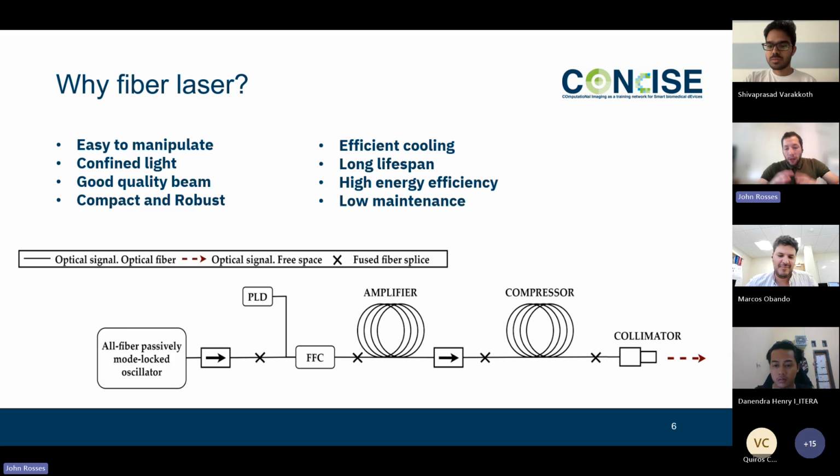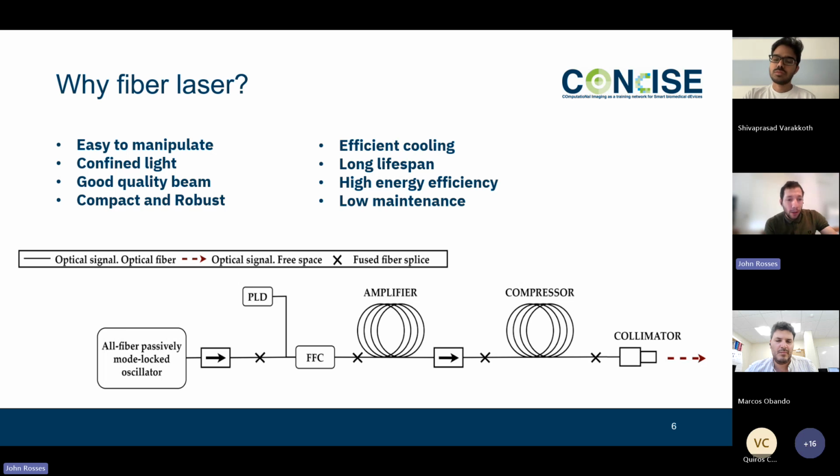With the electronics, we have to decide what technology of laser we want, and we work with fiber lasers, so we decided to start with a laser in fiber. And why fiber laser? Because it's easy to manipulate. We have the confined light, so it's kind of secure. We have a good quality beam, because the output comes from the monomode fiber.